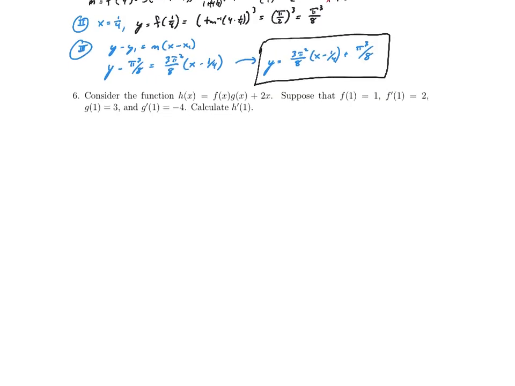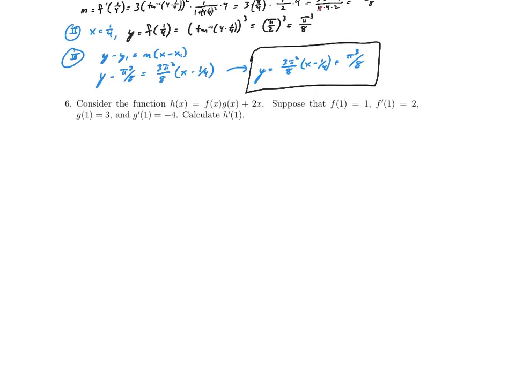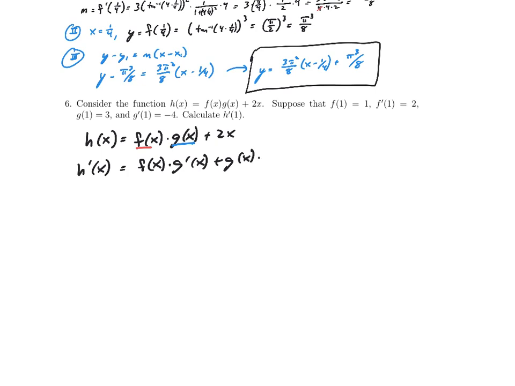Alright, for the next one, I want to calculate this guy, so let's do that. I have h of x is equal to f of x times g of x plus 2x. So its derivative, I have to use the product rule first. So I'm going to have the first times the derivative of the second plus the second times the derivative of the first plus the derivative of the last guy is just 2.